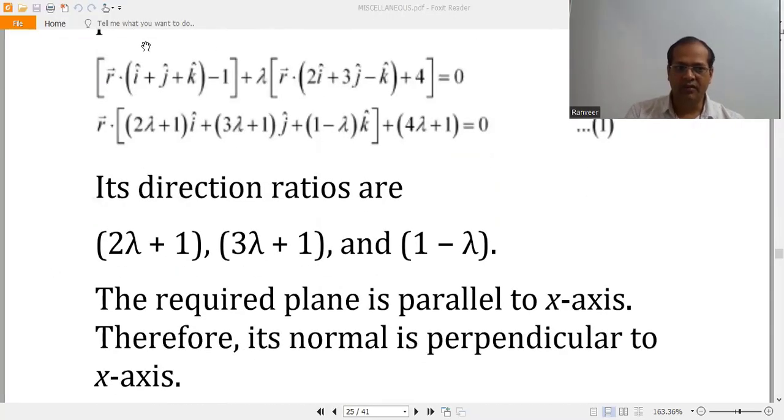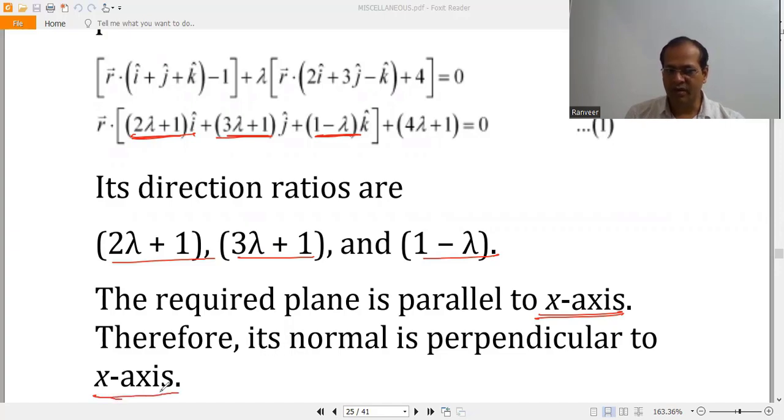Now in this case, the direction ratio of the given plane is 2 lambda plus 1, 3 lambda plus 1 and 1 minus lambda. This is the direction ratio. The required plane is parallel to the x-axis, it is already given. Therefore its normal is perpendicular to the x-axis.